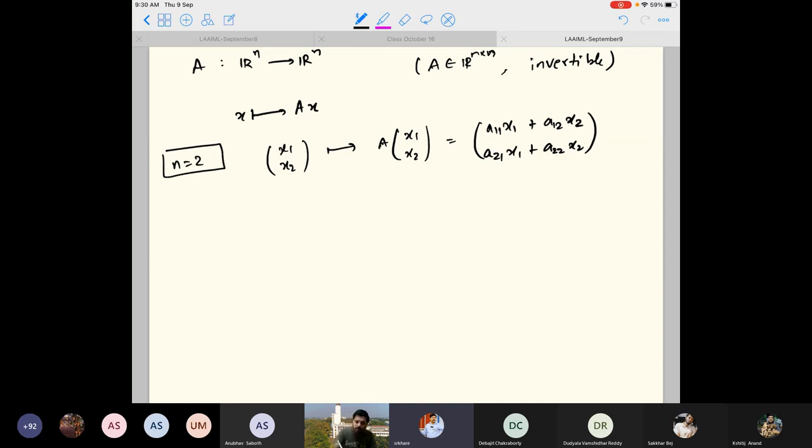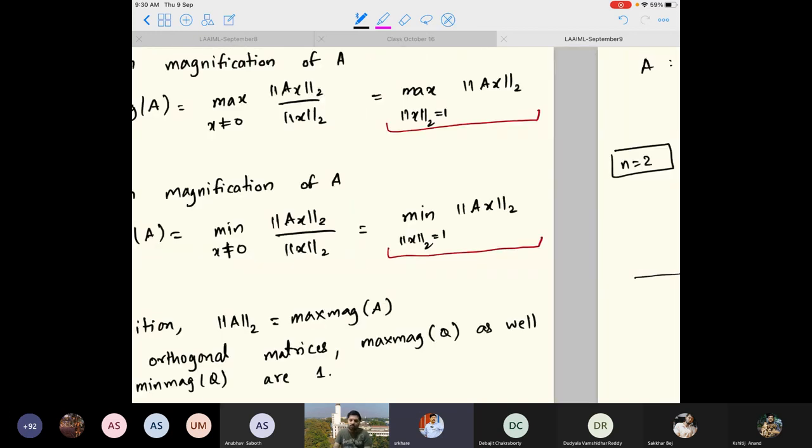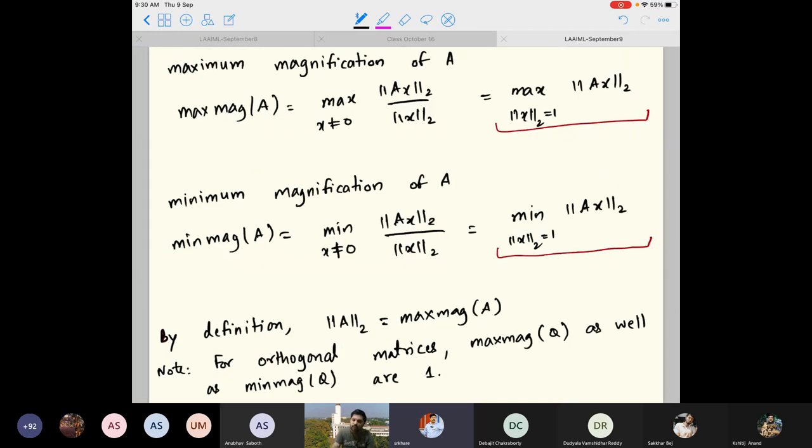And now what I am really going to look at is I am trying to understand what is the minimum and maximum magnification. So you see, what is maximum magnification? I will use this second equivalent definition.